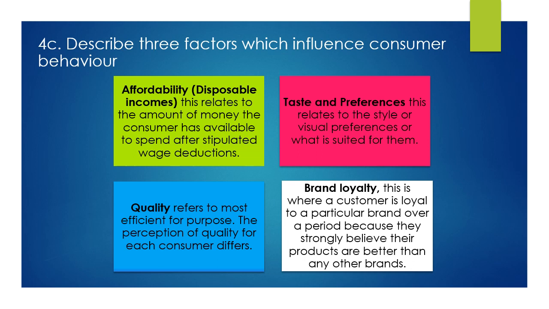The perception of quality differs, right? Then we have brand loyalty. This is where a customer is loyal to a particular brand over a period of time because they strongly believe that this particular brand is better than all other brands. So the customer or consumer would buy according to brand. So some people like Nike, some people like Puma, etc. Right? So brand loyalty. Let's move on to the next question.